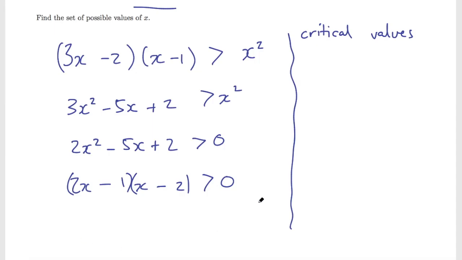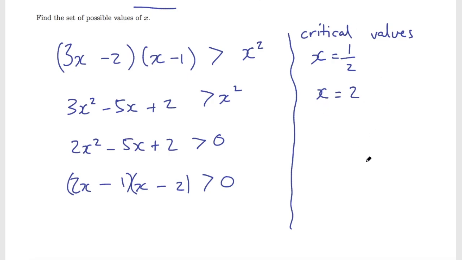So if this was an equation, the solutions are when the equation equals 0. So that's when x equals half. So you take this bracket, make it equal to 0, and find a solution to x, and then do the same thing for the other bracket, and you get your critical values of x equals a half and x equals 2.